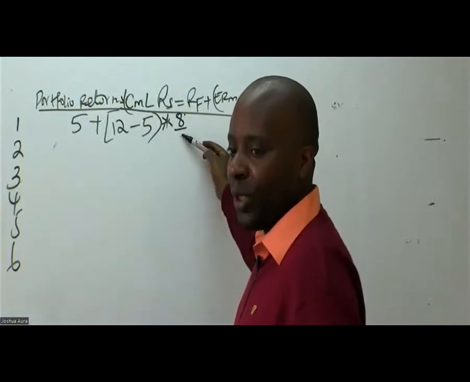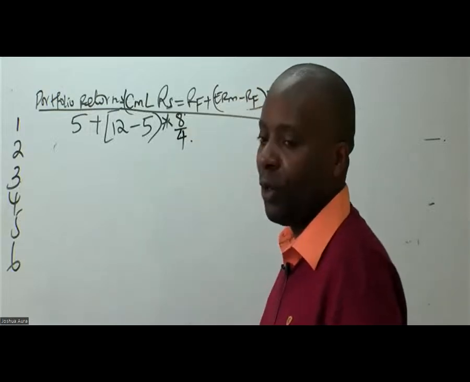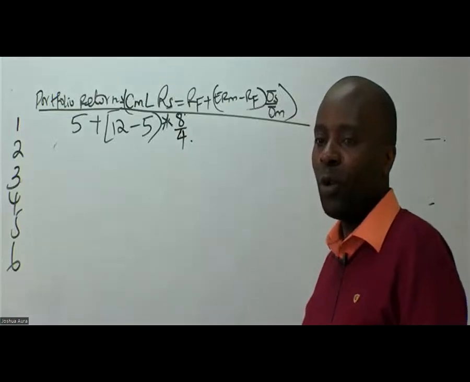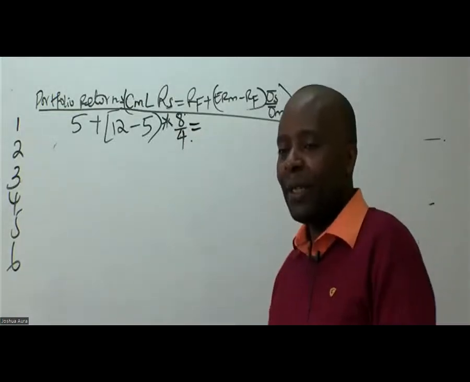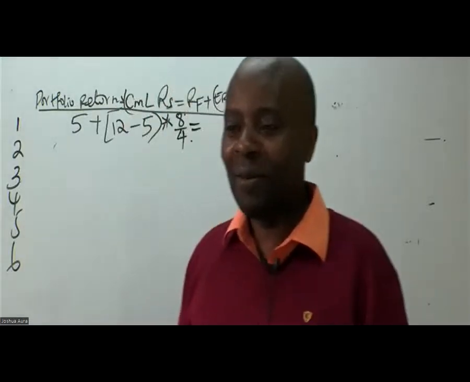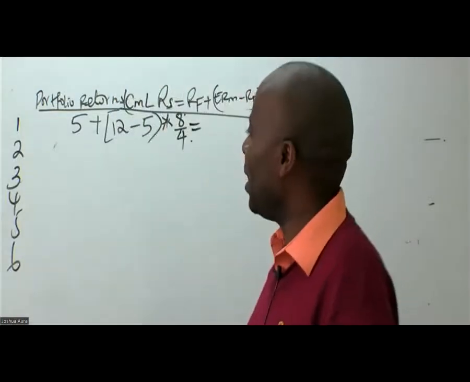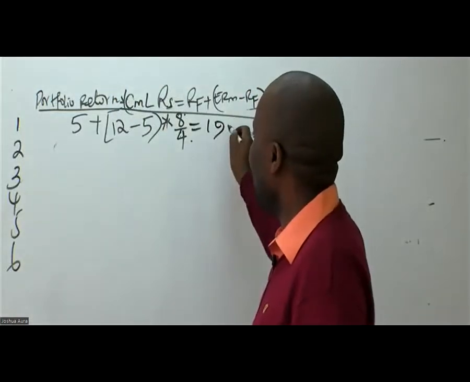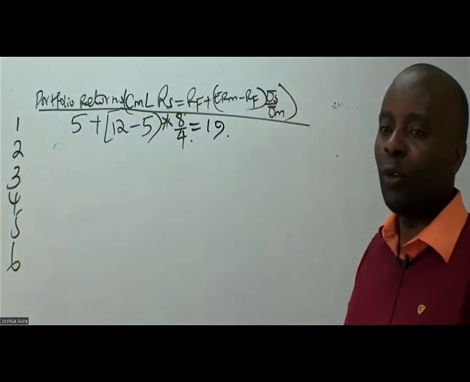Is there anybody who is able to see the standard deviation of the market? Somebody is telling me it is 4. So this will be 19. Could you kindly go to portfolio 2?